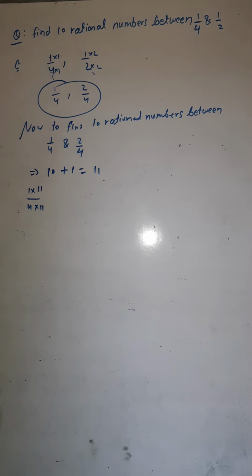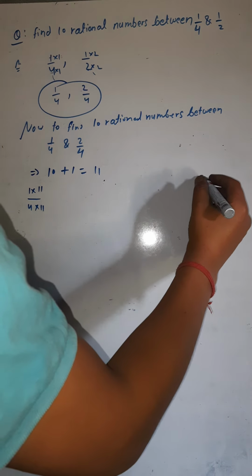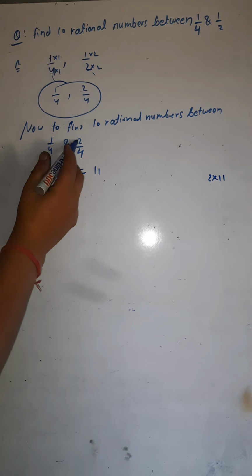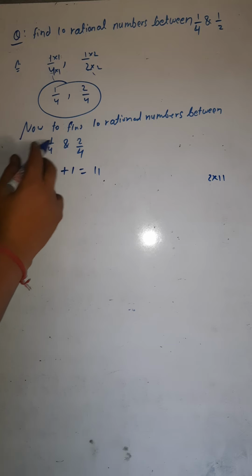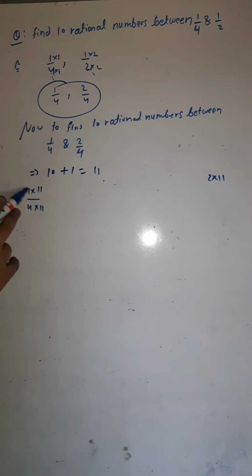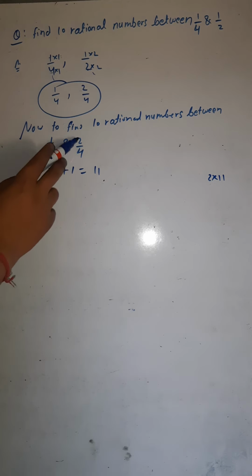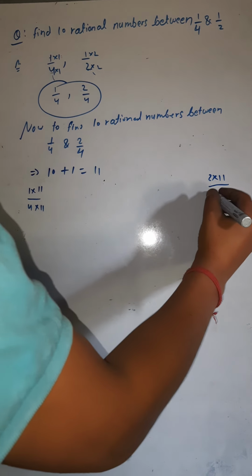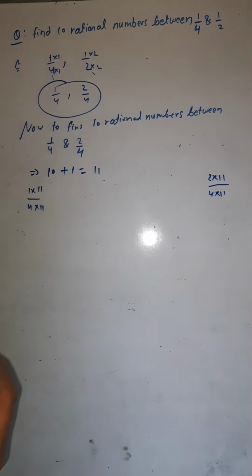Second fraction, I have to multiply both the fractions by 11. Here I have multiplied by 11. So here also I am going to multiply by 2 multiply 11 divided by 4 multiply 11. Hope you are getting this.